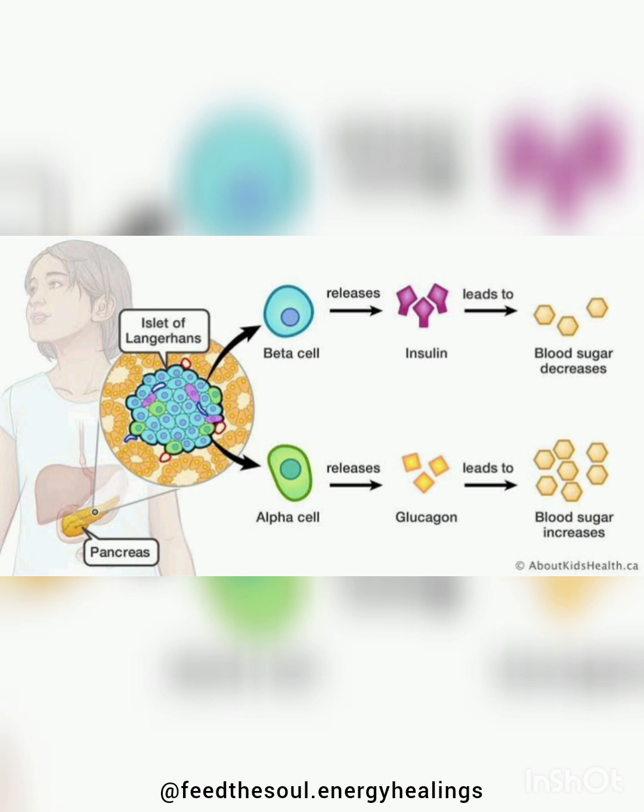The beta cells' insulin combines the free floating glucose particles in the blood into glycogen and stores it in the muscles and the liver.